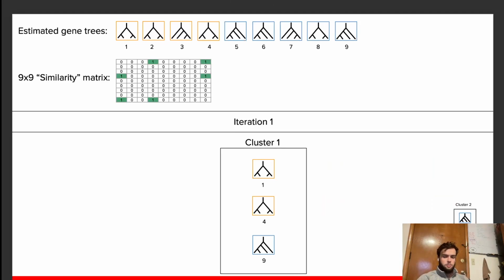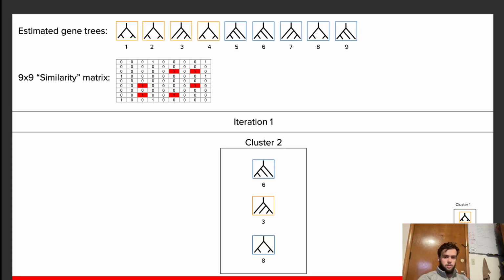Now, for each pair in this cluster, we increment that pair's index in the similarity matrix by 1. So here we increment all the indices corresponding to the pairs of 1, 4, and 9. And then we do the same for the other cluster. So the idea here is very similar to bootstrapping.